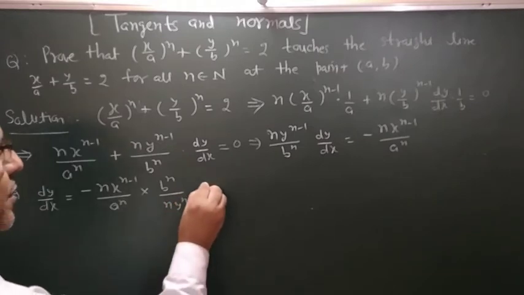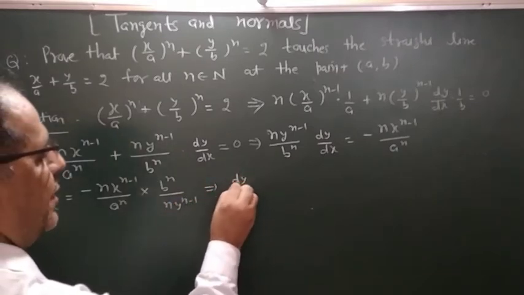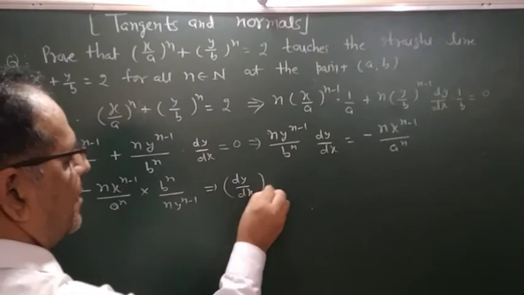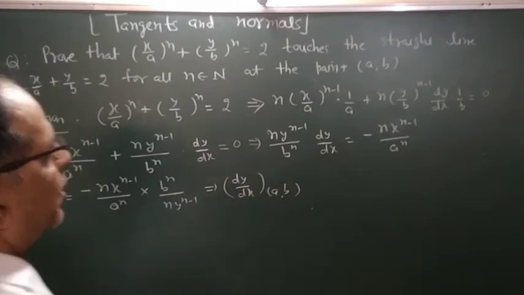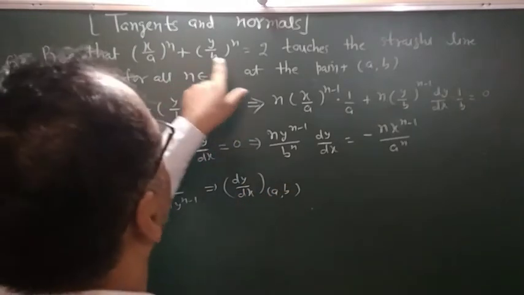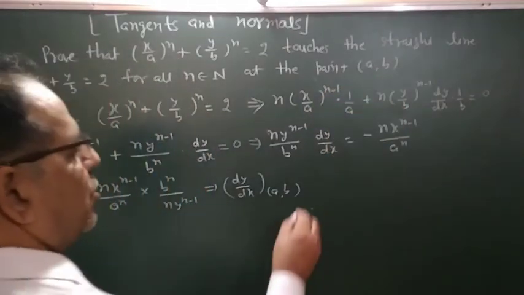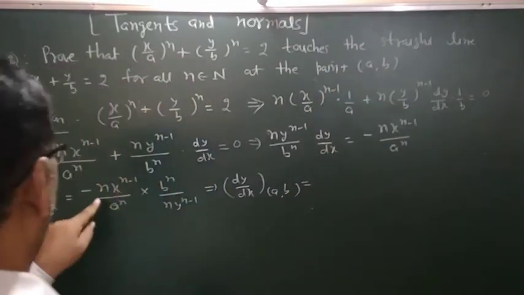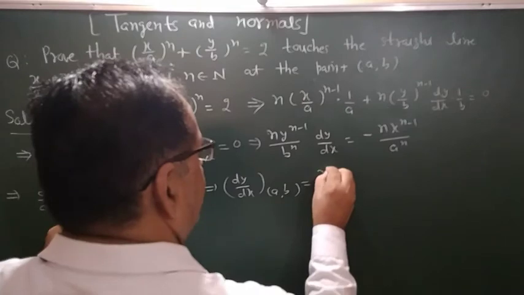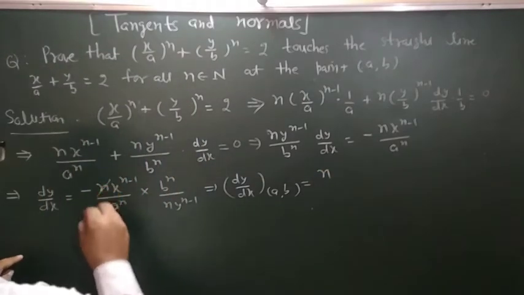Now dy/dx at the point (a, b), because we want to find the equation of tangent at the point (a, b). So now n and n cancel out here.